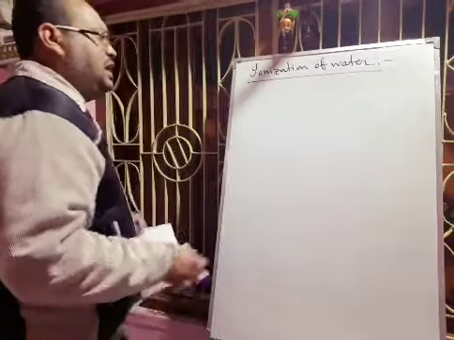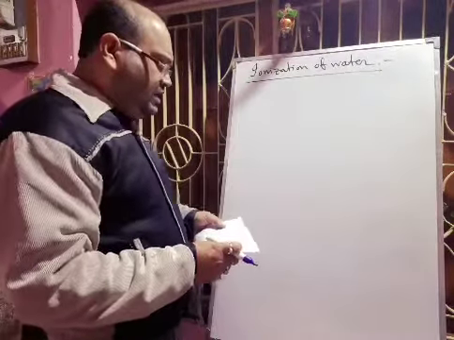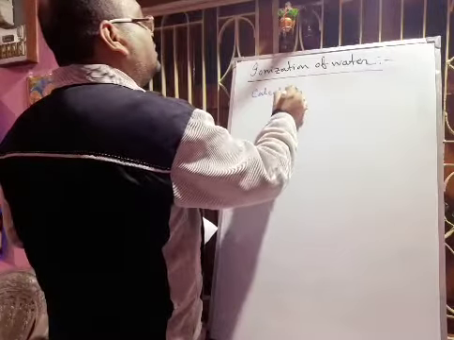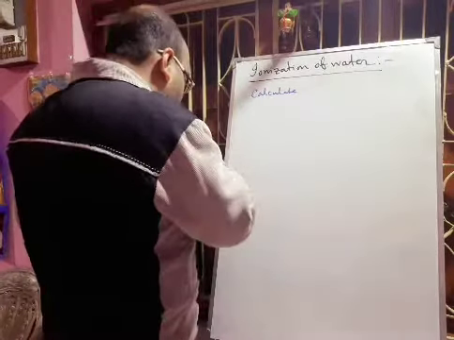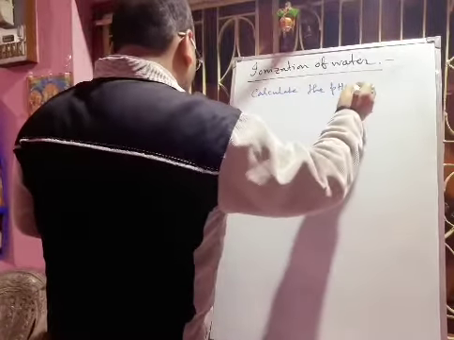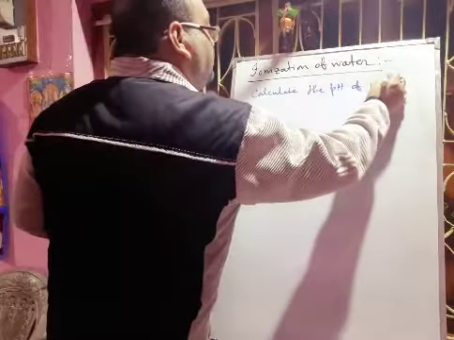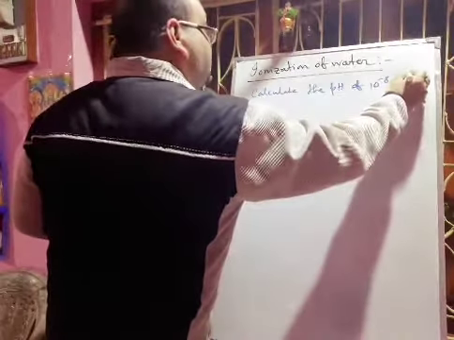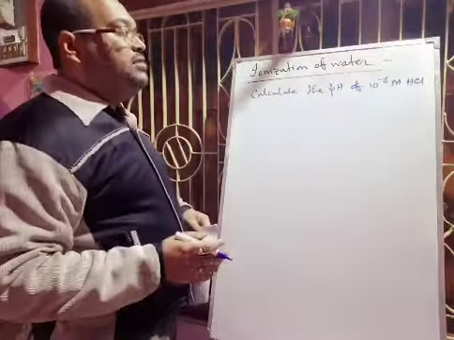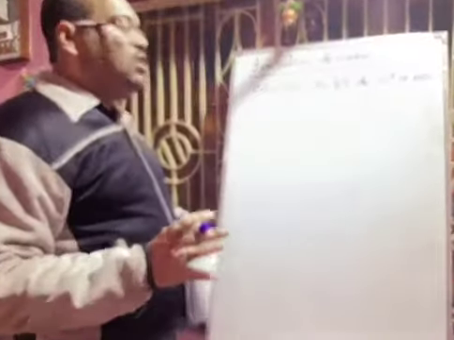So let us calculate one problem. The question is: calculate the pH of 10 to the power minus 8 molar HCl. Now in this case, definitely you have to consider the dissociation of water.